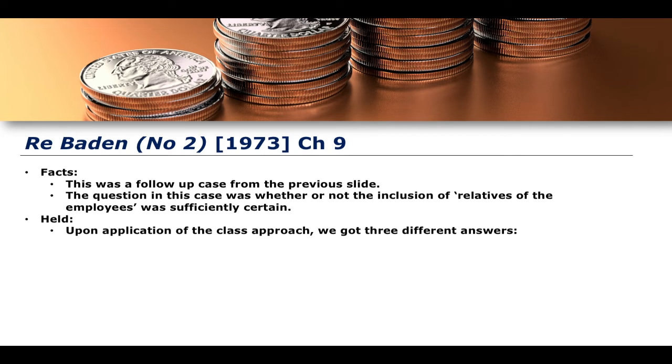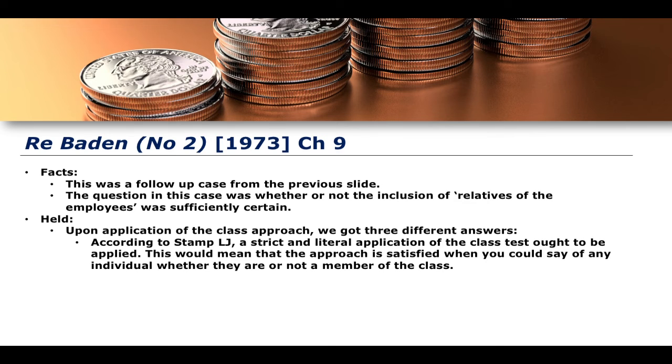It was held that upon application of a class approach compared to a complete list approach, we actually get three different answers. According to Lord Justice Stamp, a strict and literal application of the class test ought to be applied. What this means is that the test is satisfied when you can say of any individual whether or not they are a member of the class.